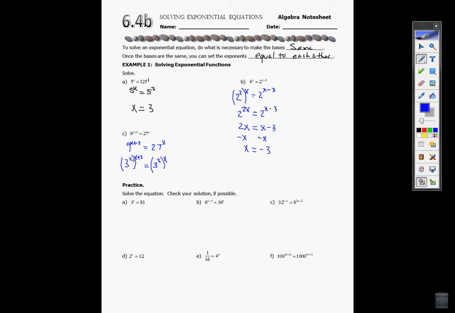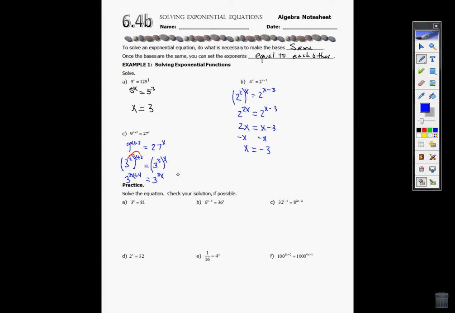Be very, very careful here, because it's 2 multiplied by x plus 2. Technically, that's distribution. I need to be sure that when I multiply these, I do 2 times x and 2 times 2. So this is going to be 3 raised to the 2x plus 4 equals 3, again multiplication, raised to the 3x.